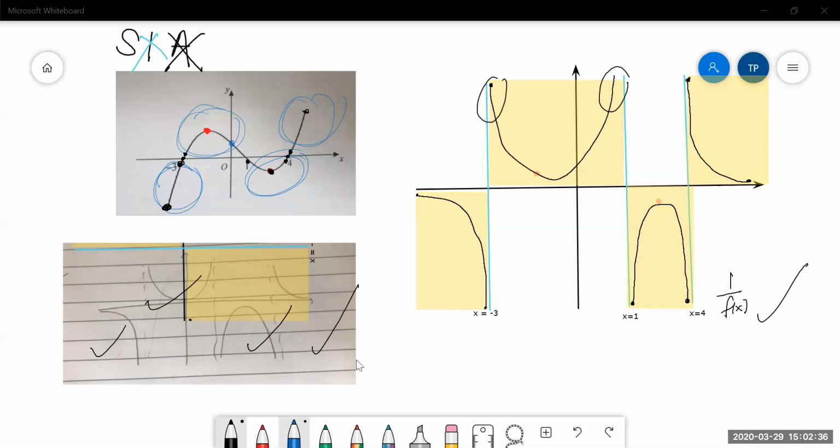Basically, you just draw the 1 over f(x) first, then you multiply every single y value by 2. There's nothing special to that. Don't have to do that by today, just do 1 question a day. So I hope you understand 1 over f(x) a little bit better.